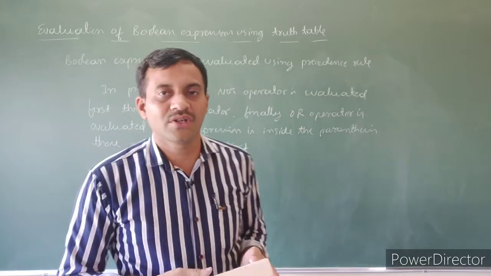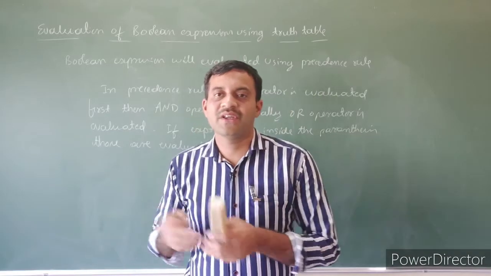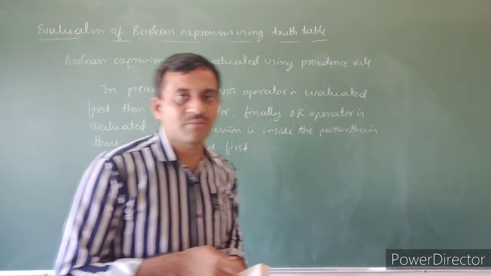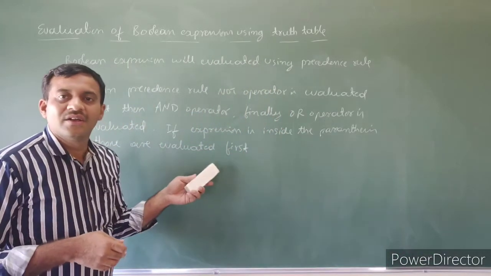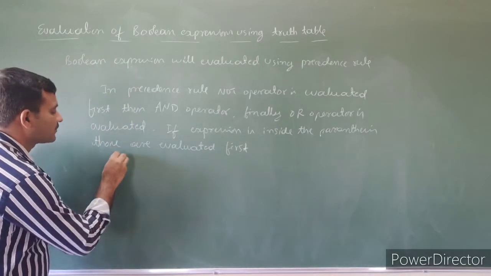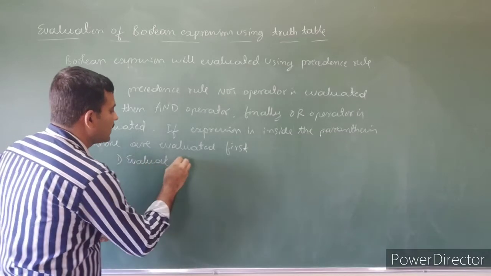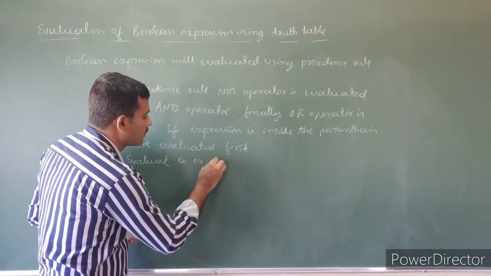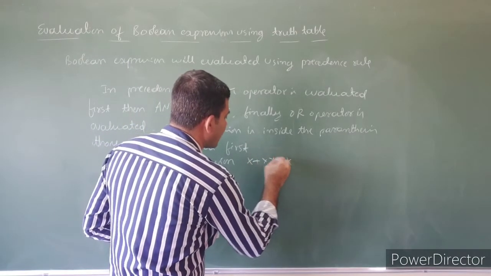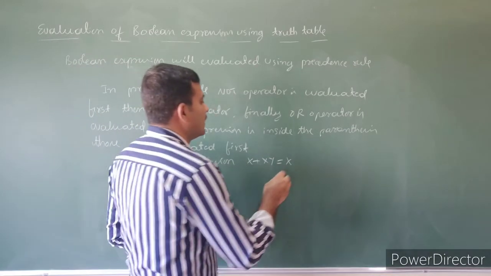Already we know that a truth table has a collection of all possible variable values along with possible results. Let's consider an example of how to evaluate an expression using a truth table. See here the example: evaluate the expression x plus xy, which is equal to x.